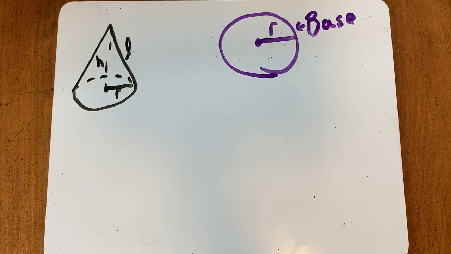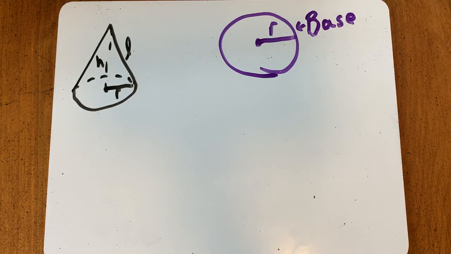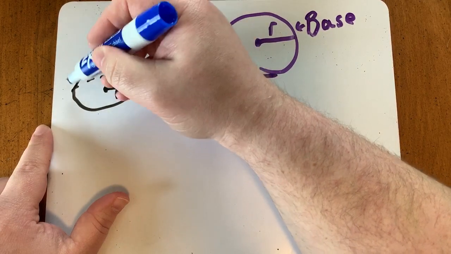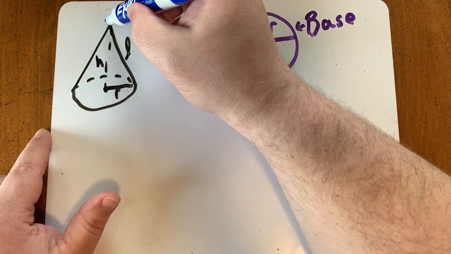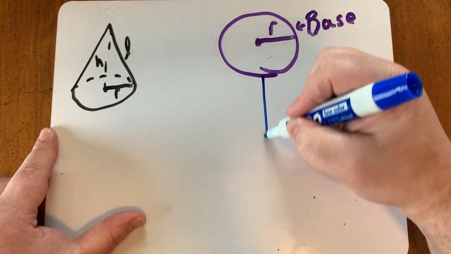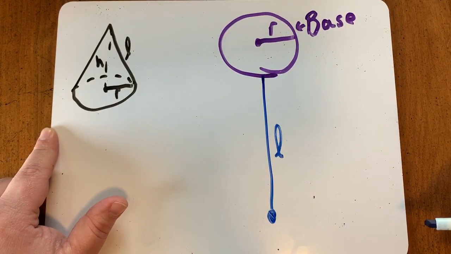And then the other surface is that lateral surface. If we were to cut it along one edge and unroll it, well, it's really like a series of segments that are all the same length from that vertex. And that length is the slant height.